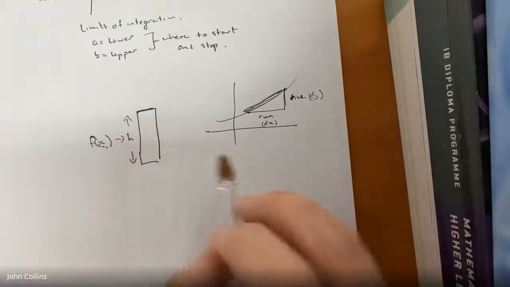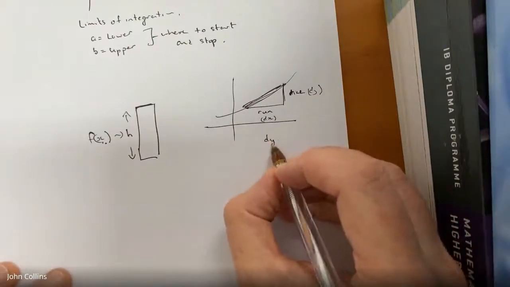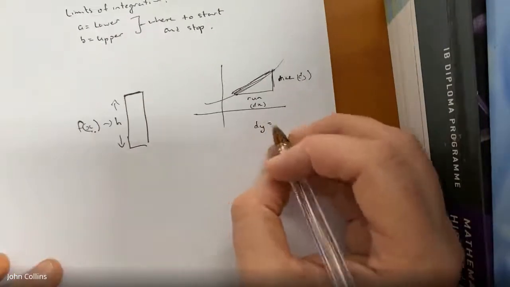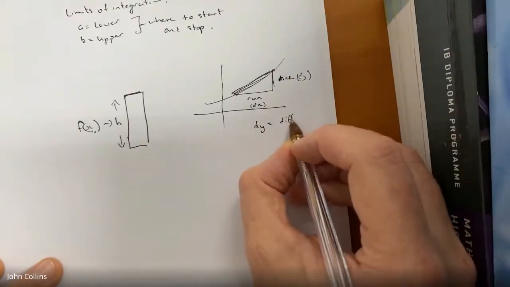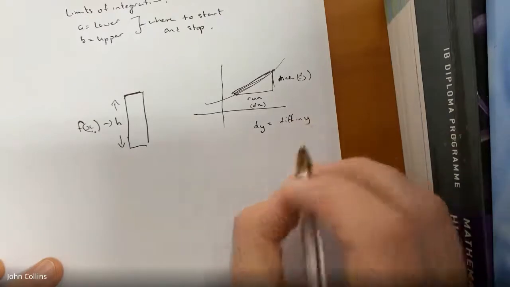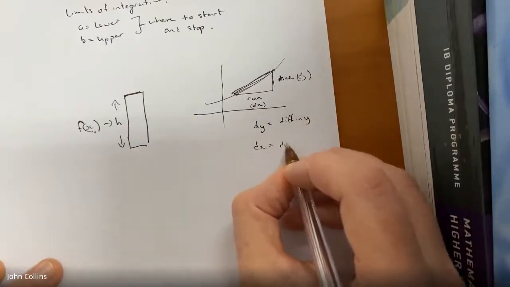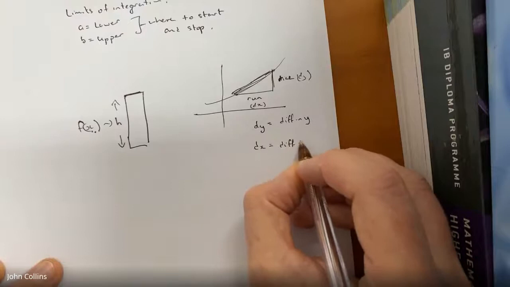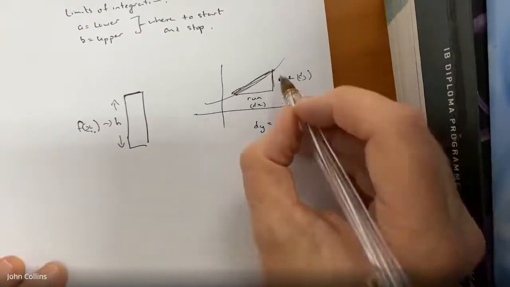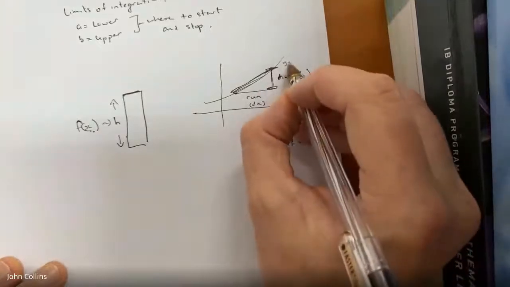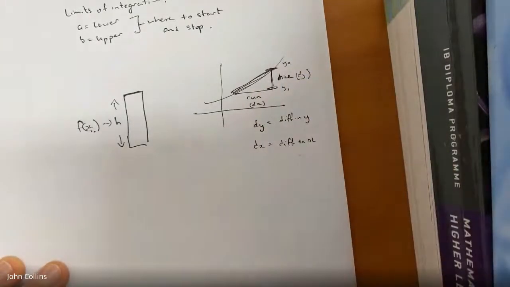And dy, remember, is the difference in y, and dx is the difference in x. The difference in y, dy meant, y2 minus y1, didn't it? The difference between them.